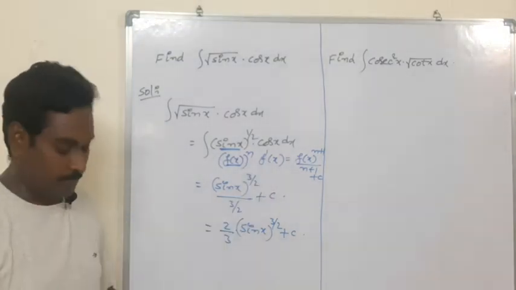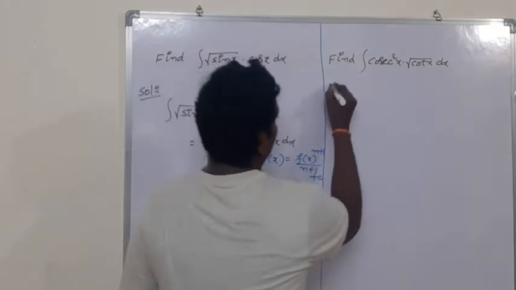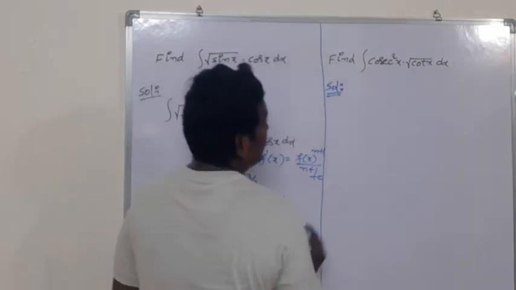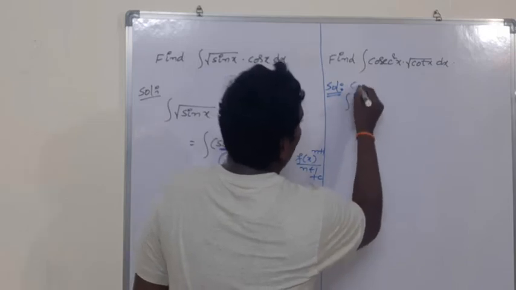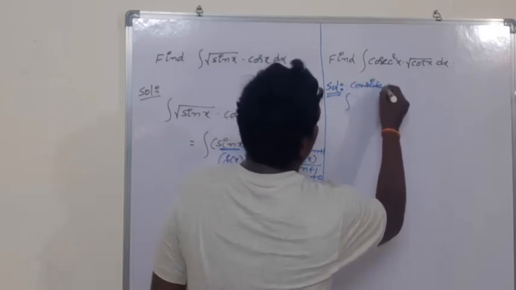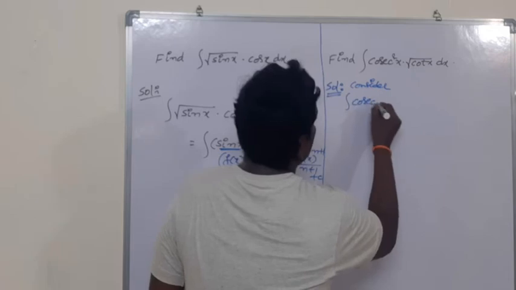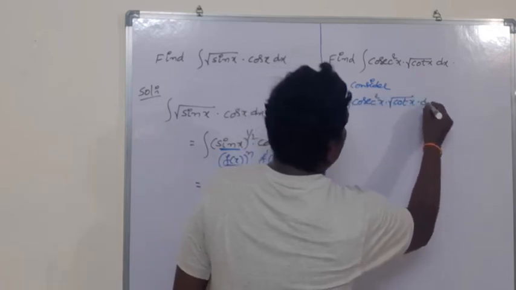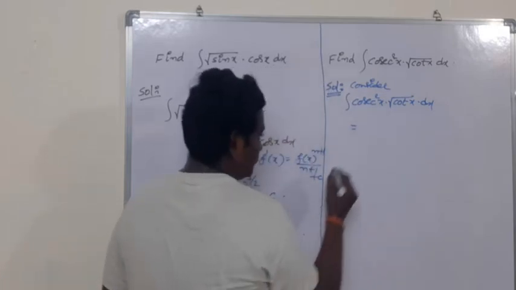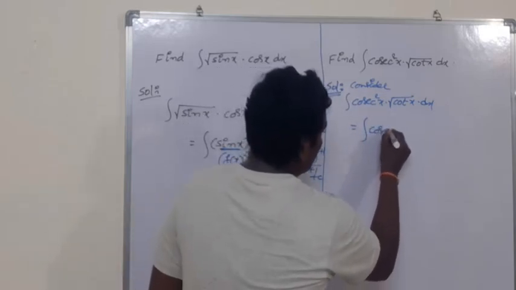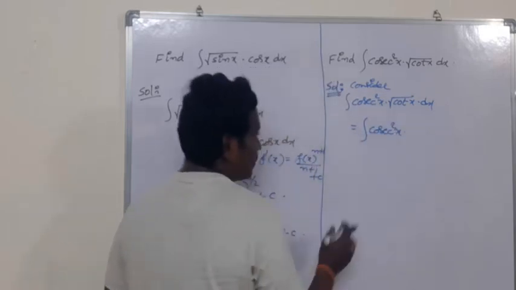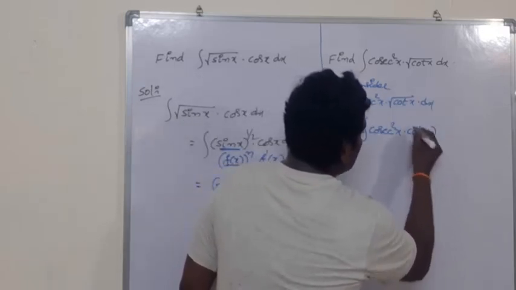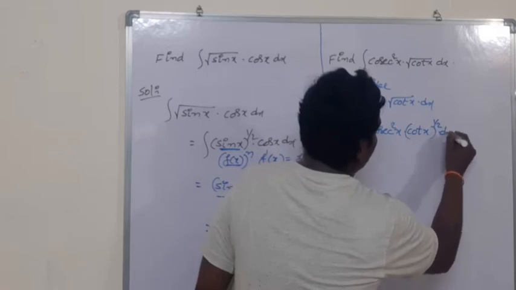Please see the next one. Consider the given problem: cosecant square x into root over cot x dx is equal to integration of cosecant square x into root over cot x, which can be written as cot x whole power 1 by 2.